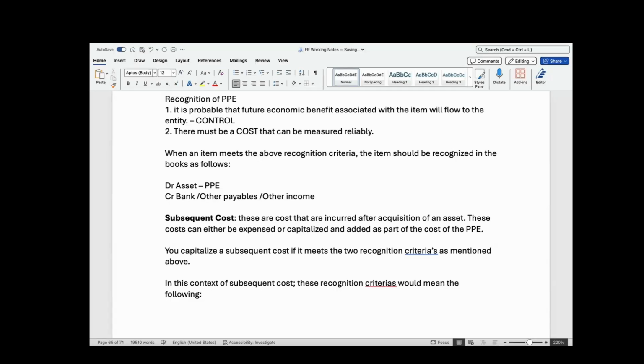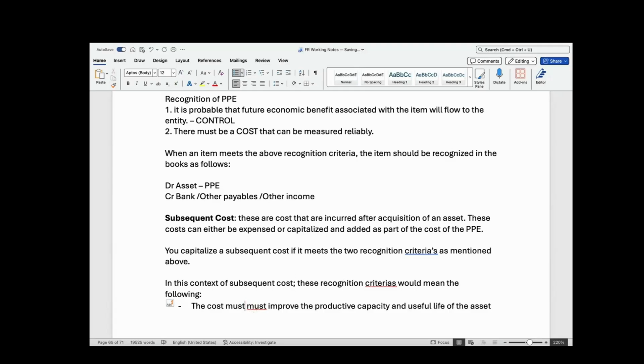Number one, it will mean that the cost must improve the productive capacity and useful life of the asset.